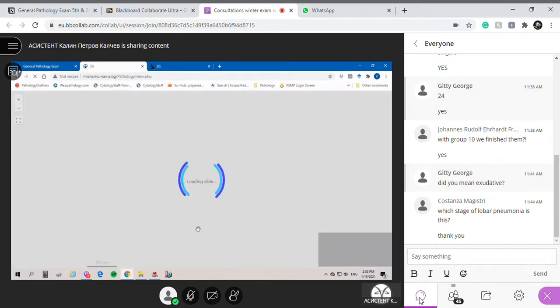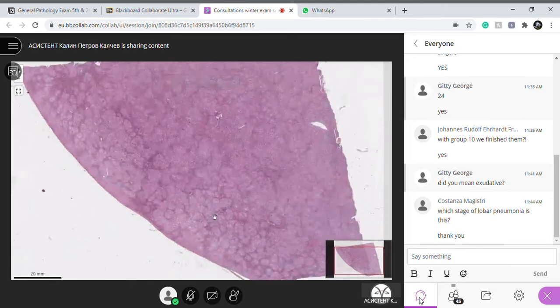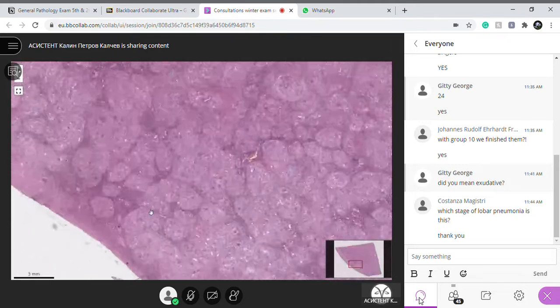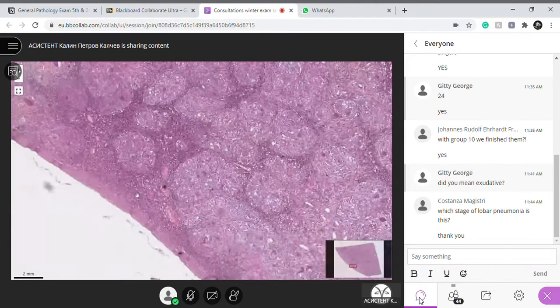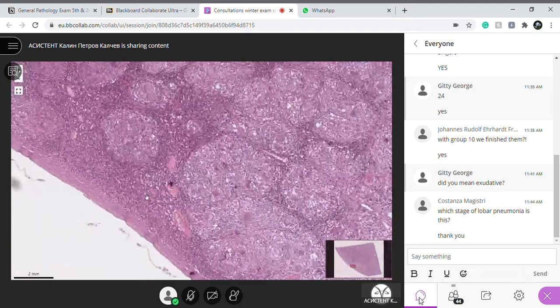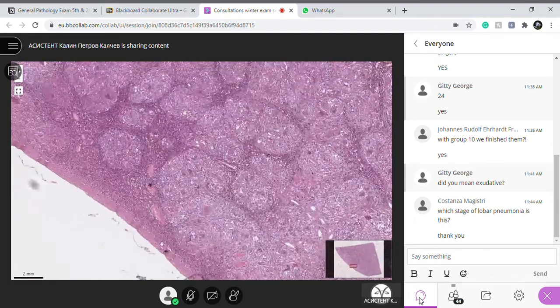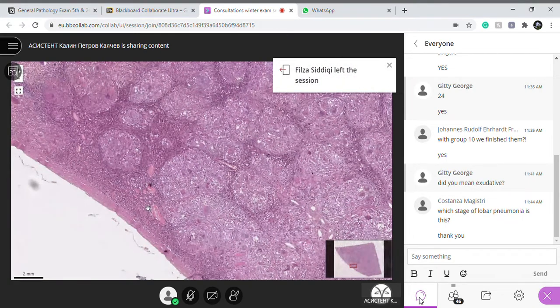Well, in this specimen, it is hard to say in which organ it is, but it is supposedly in some lymph organ, because you can see here so much of lymph tissue. It is encapsulated, so probably it is a lymph node, but anyway, you cannot tell.